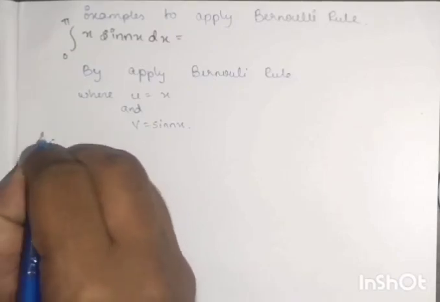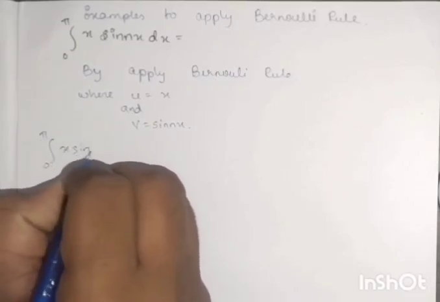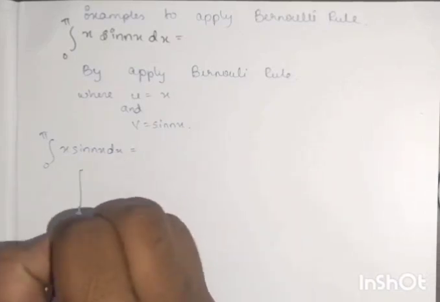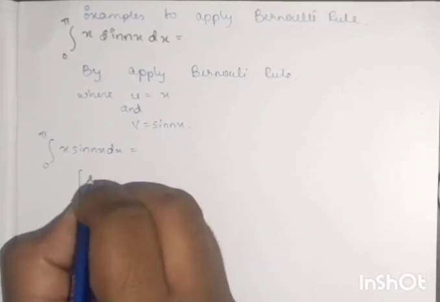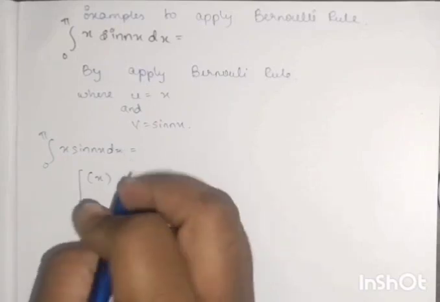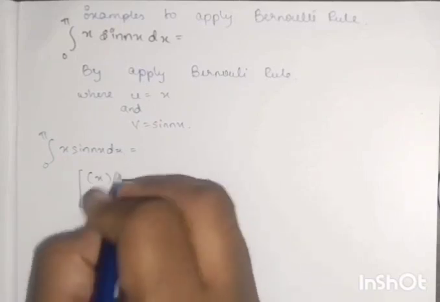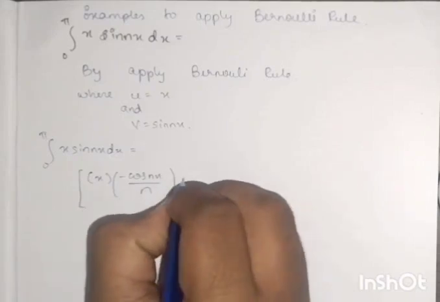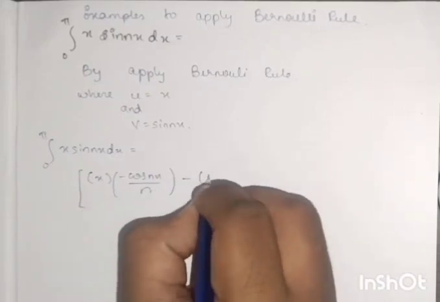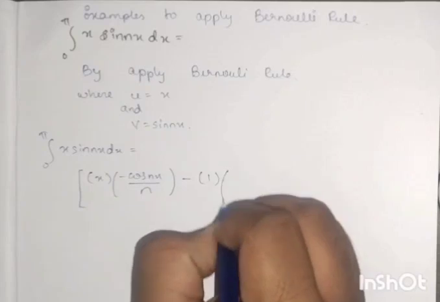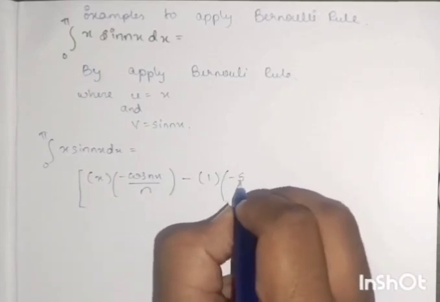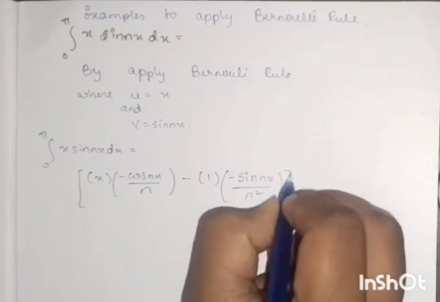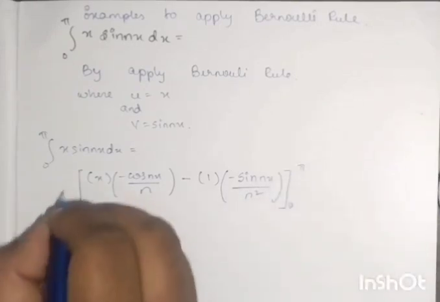So integration from 0 to pi of x sin nx equals: u as it is, integration of sin nx is minus cos nx by n, minus differentiation of x is 1, and integration of minus cos nx is minus sin nx by n square, applying the limit 0 to pi.